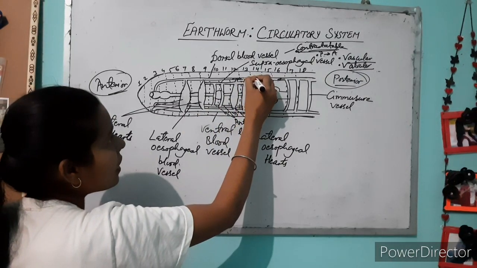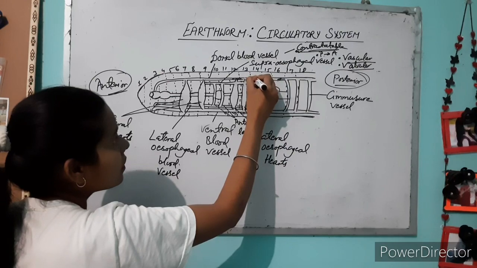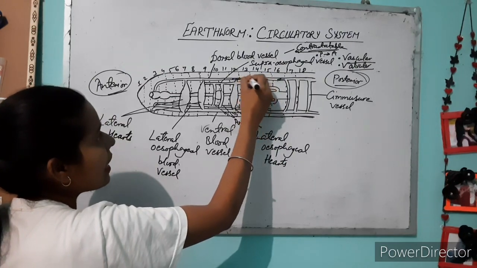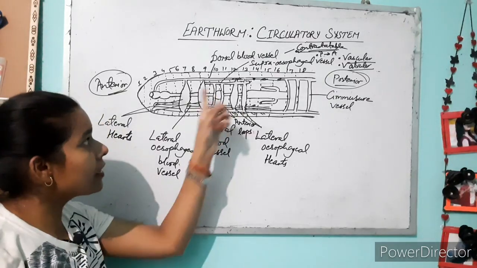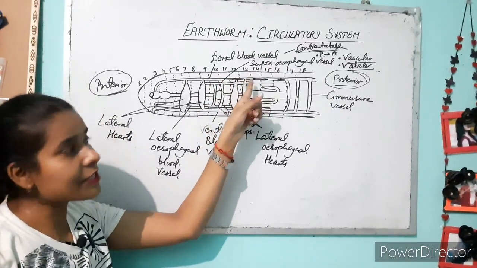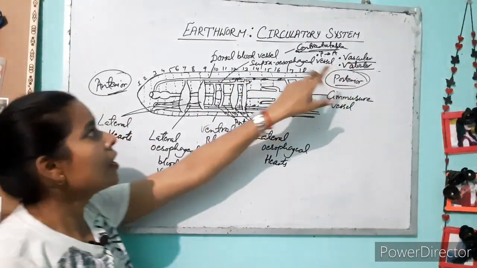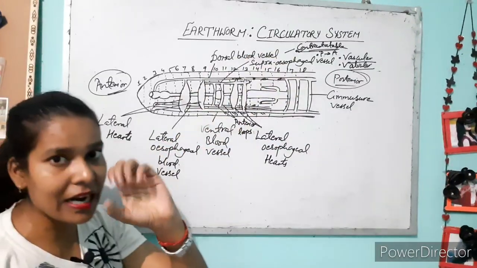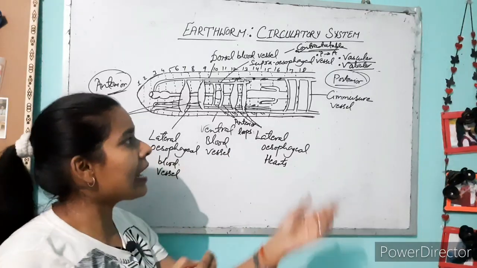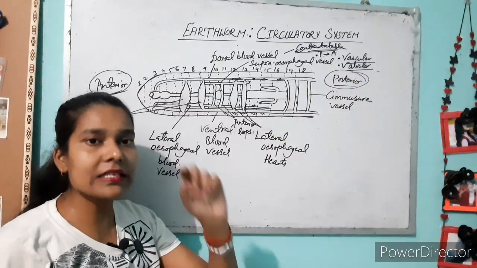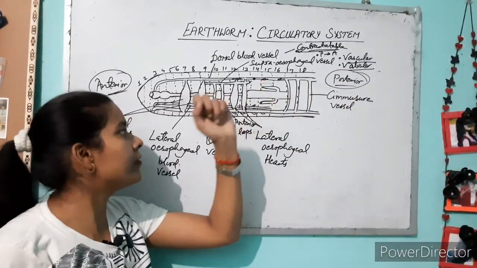In the 14th segment there is a membrane present that forms a valve in this tube. That's why it is valvular. The dorsal blood vessel is contractable, it flows blood from posterior to anterior, and it is valvular because there is the valve.